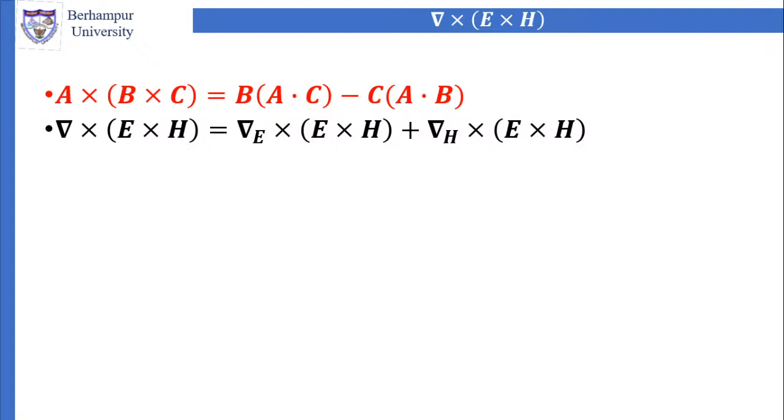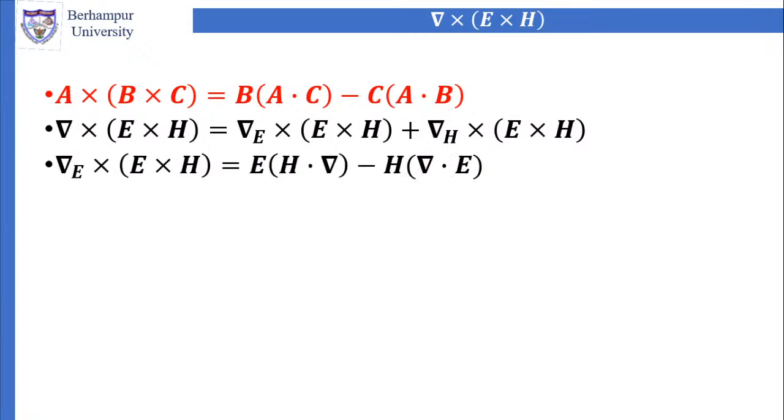So first, let us take the first term. Del cross E cross H is equal to del E cross E cross H plus del H cross E cross H. Let us take the first term. On the right hand side, the first term is del E cross E cross H. Following this back cab rule, your A is del E, B is E, C is H. We'll use that.